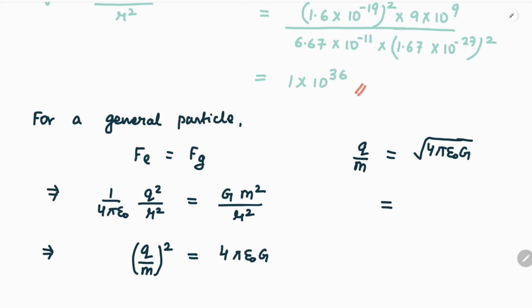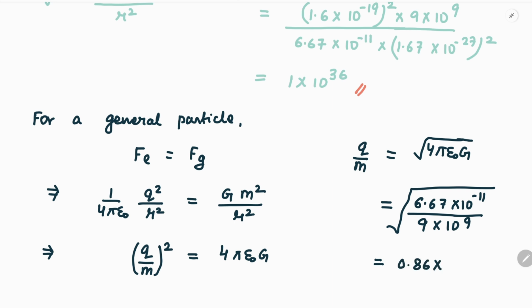And if we substitute the values, we can write it as 6.67 into 10 to the power minus 11, and 4 pi epsilon naught can be written as 1 by 9 into 10 to the power 9, square root of this value, and it gives us 0.86 times 10 to the power minus 10, and this value is in coulomb per kg.